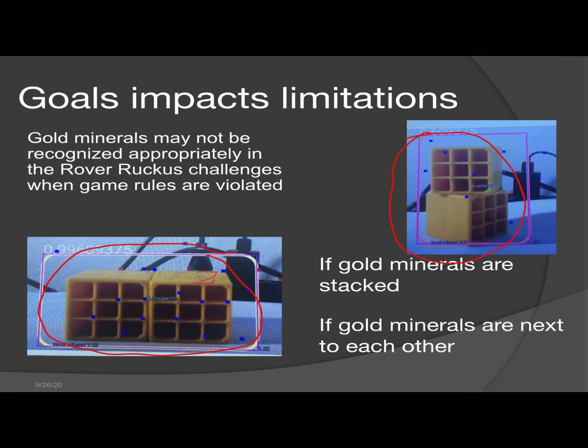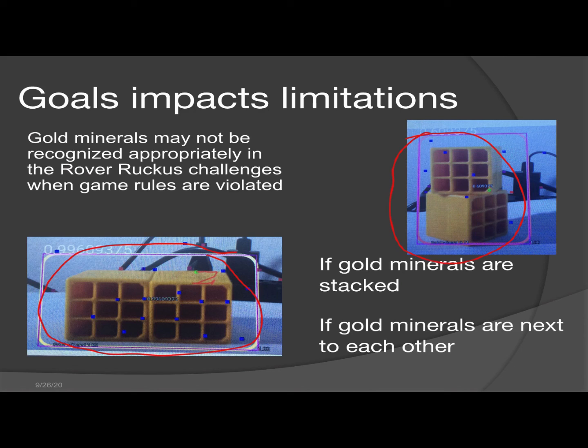Is that a problem? Well, no, because that should not occur at the beginning of a game or any place else in the game when we're doing autonomous mode, because there's only going to be one gold mineral that we have to deal with, and they're not going to be next to each other.